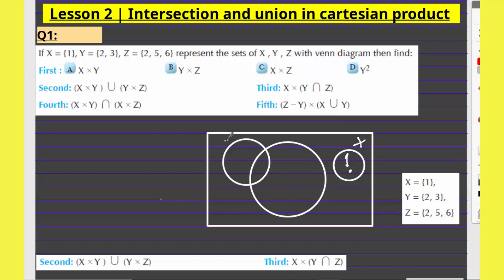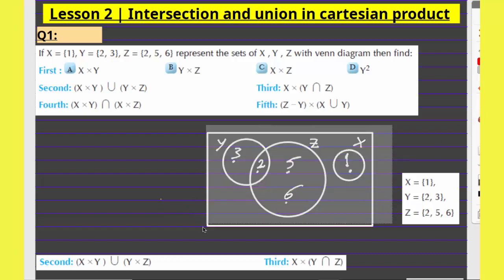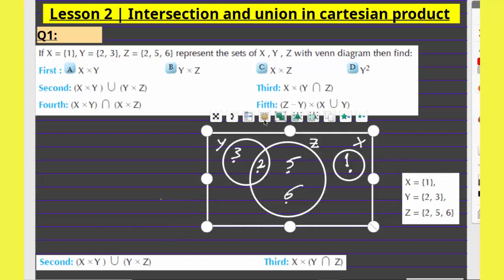For y, the common element here is 2, so we write 2 at the beginning. Then we complete the elements of the set y by putting 3, and we complete z with 5 and 6. So this is the first requirement, representing the three sets using a Venn diagram.